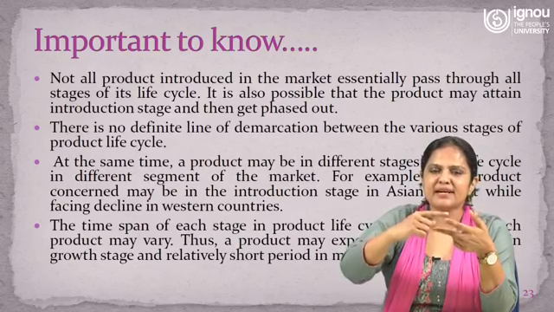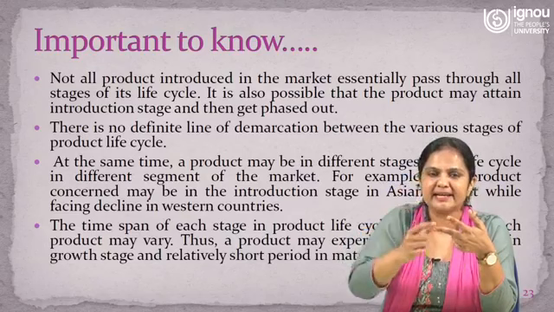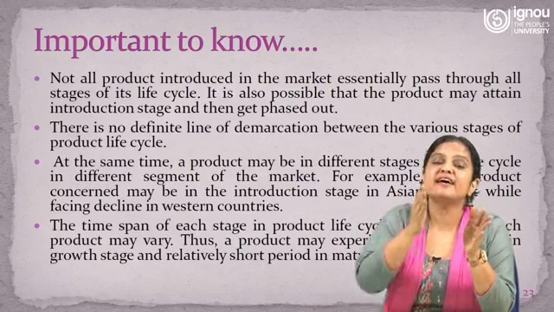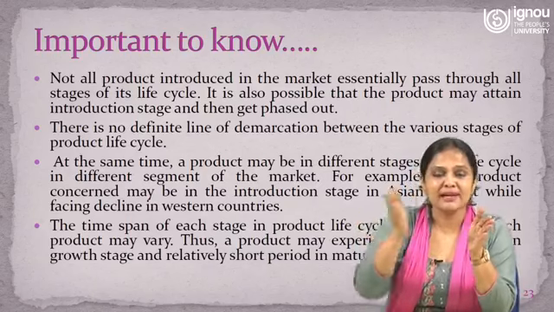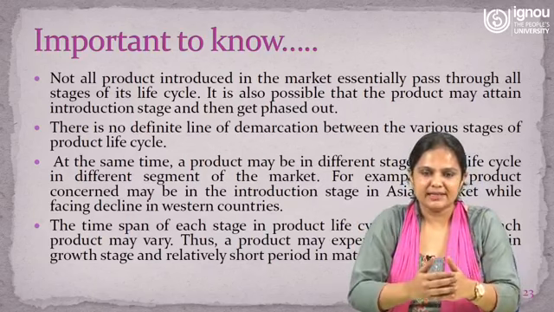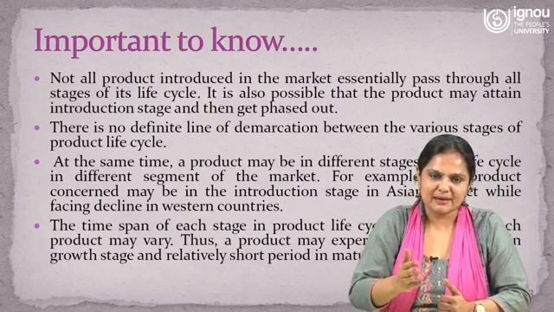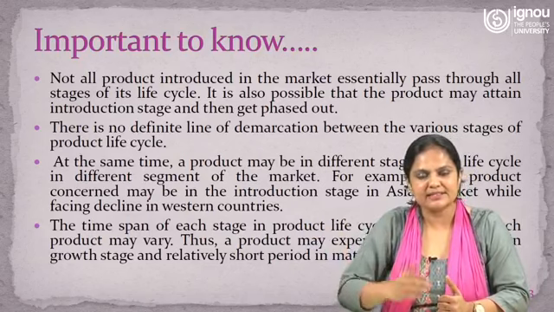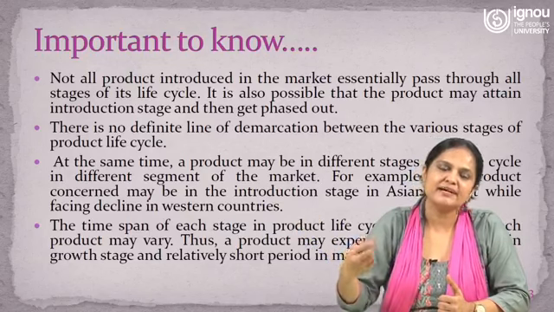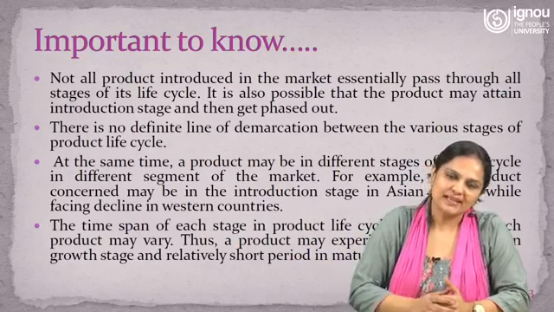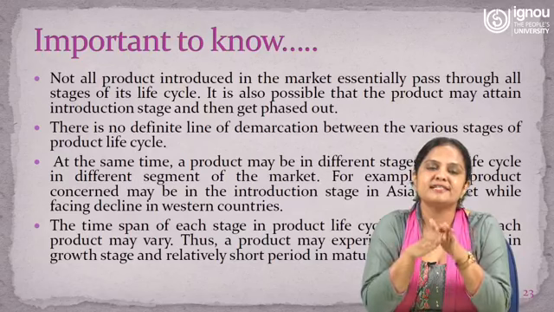The time that a product spends in a particular stage varies from product to product. It varies from market to market. Maybe in a particular market the product has failed, but in some other, new market, the product is being accepted. The product is gaining some kind of welcome in the market. So it does not remain the same.